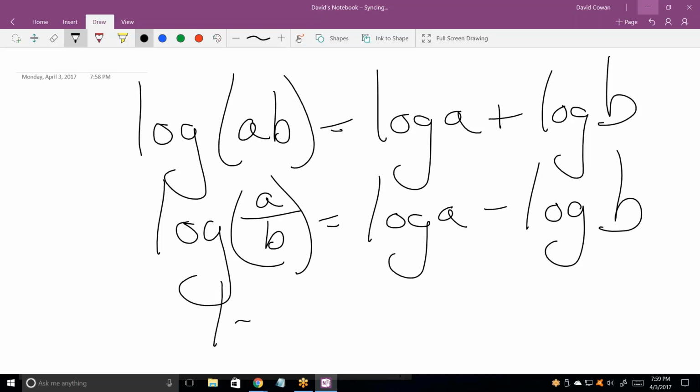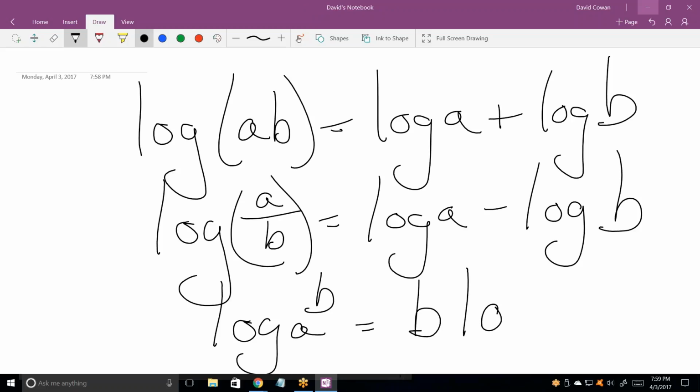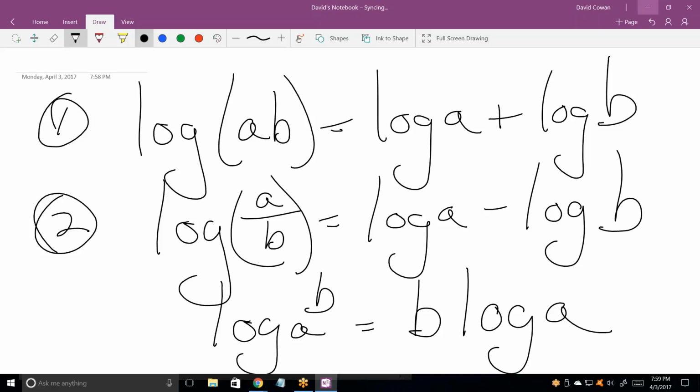And the log of a number that is being exponentiated, like that, is the exponent times the log of that. So those are the 3 most important rules in logs.